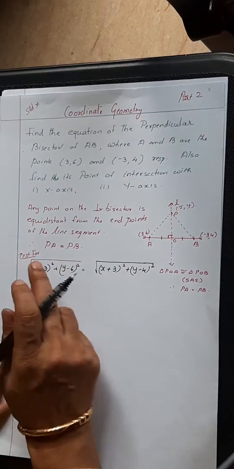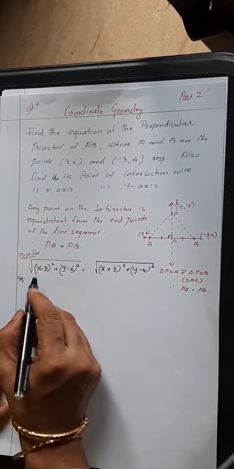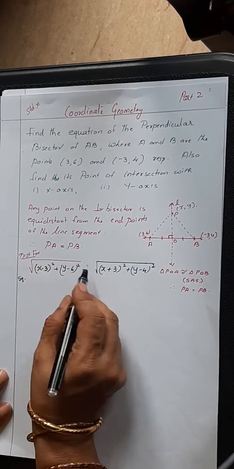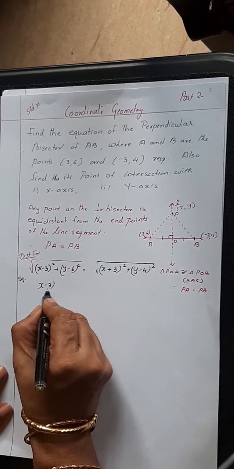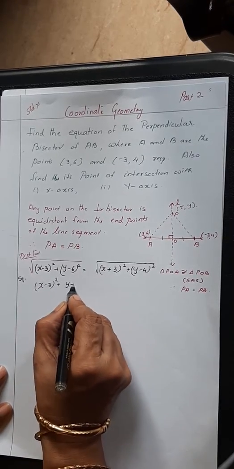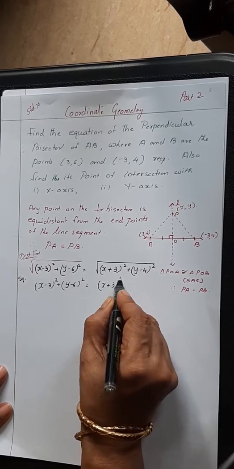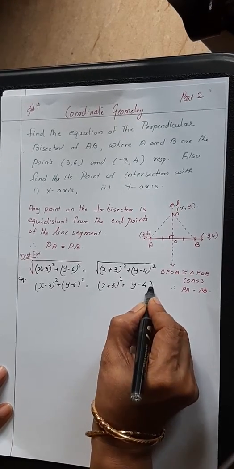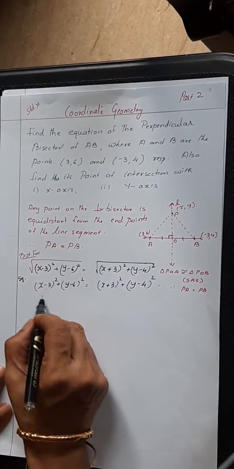Now squaring on both sides, the root can be removed, so it becomes (x minus 3) the whole squared plus (y minus 6) the whole squared is equal to (x plus 3) the whole squared plus (y minus 4) the whole squared. Now you have to expand it and simplify.